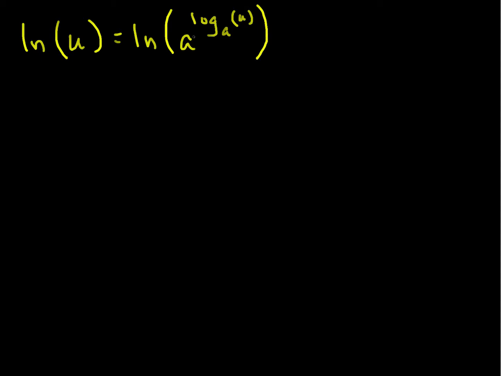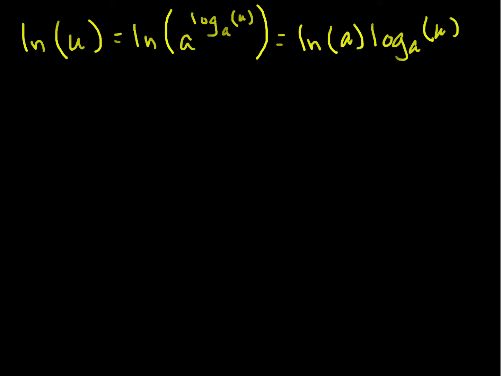This is our key identity, that any number u is equal to a raised to the log base a of u, because these are inverses of each other. But now this is an exponent inside there. So this is equal to the natural log of a times log base a of u.